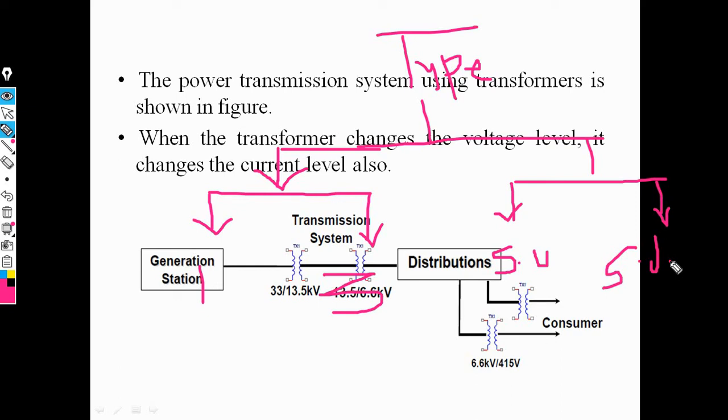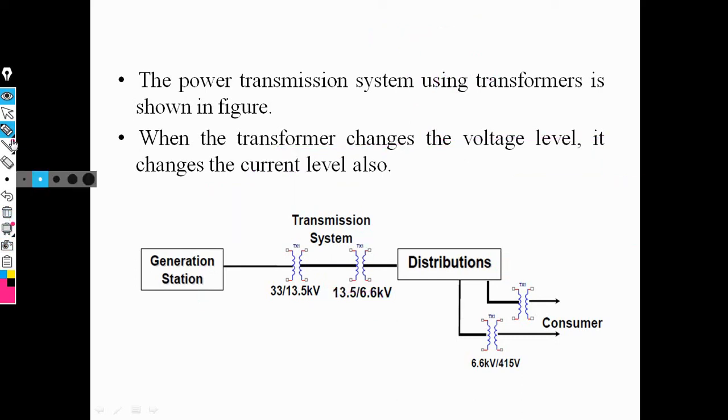This is the difference between them. This is just an overview of the types of transformer based on supply voltage, that is single phase AC voltage and 3-phase AC voltage.